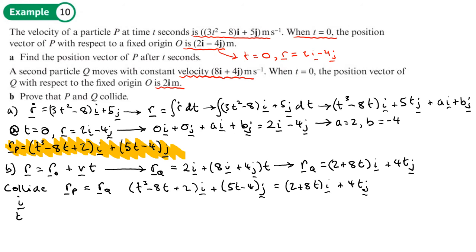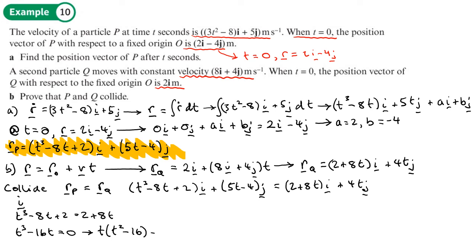We'll have t cubed minus 8t plus 2 equals 2 plus 8t. We can rearrange that to give us t cubed, and we'll take away 8t from both sides, minus 16t, and then take away 2 from both sides equals 0. We can factorize that, so we get a t outside the bracket, and then t squared minus 16.